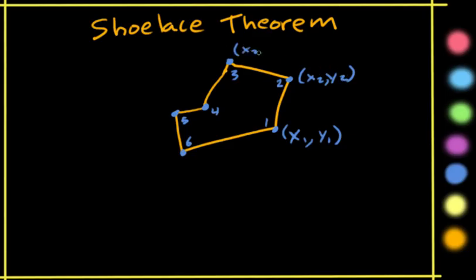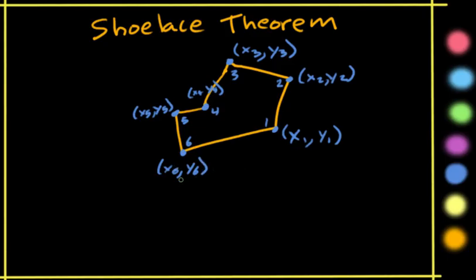This would be x3, y3, and this one would be x4, y4, and this one would be x5, y5, and so on. Of course, this one would be x6, y6.